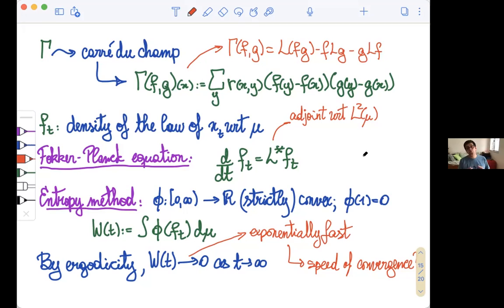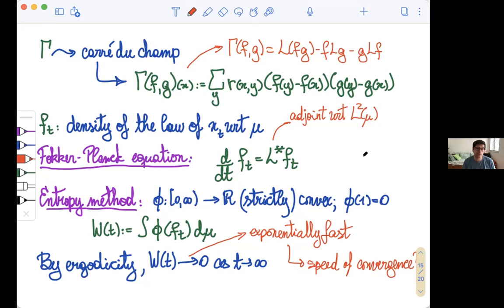So how do you measure this distance? If ft is equal to 1, you are at the stationary state. So if ft is different from 1, you are not at the stationary state. Therefore, the distance of f to 1 is a possible measure of the distance to the stationary state, of the law of xt at time t. And how can we measure that?